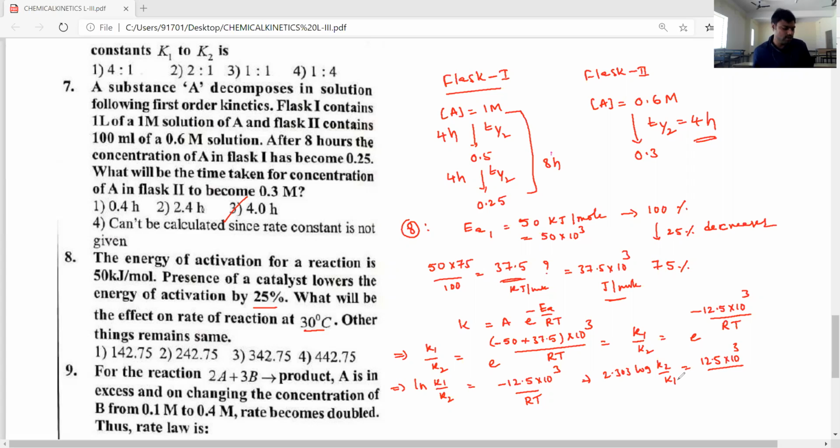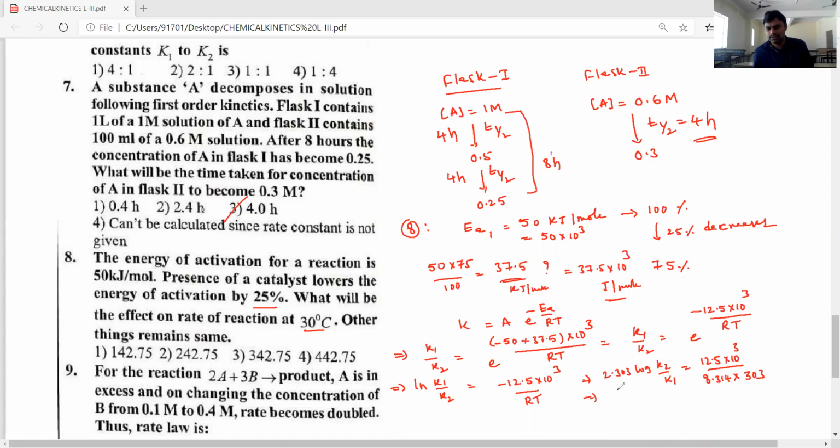The R value in joules is 8.314, and the temperature is 30 degrees Celsius, which is 30 plus 273, that is 303 kelvins.